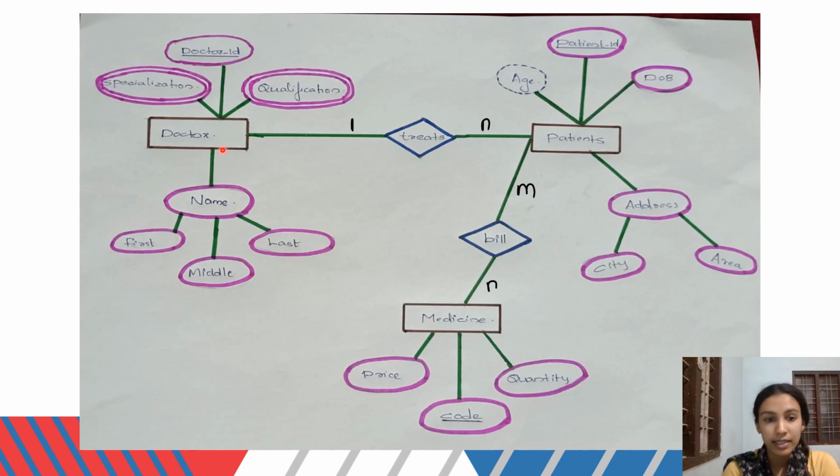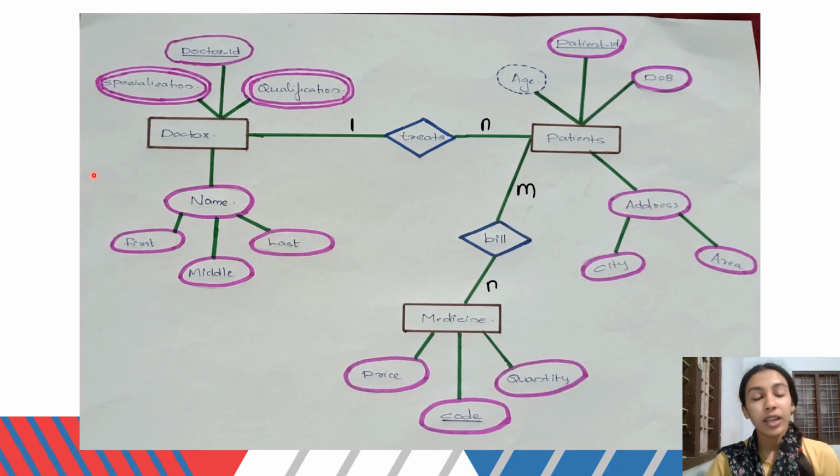And the doctor entity has some attributes like doctor ID, specialization, qualification, and name. Here doctor ID is a key attribute because it is underlined. Qualification and specialization are multi-valued attributes. A multi-valued attribute is an attribute which can have more values. So we know that a doctor can be specialized in many fields or many subjects, and a doctor can have many qualifications. So it is a multi-valued attribute. And name is a composite attribute.